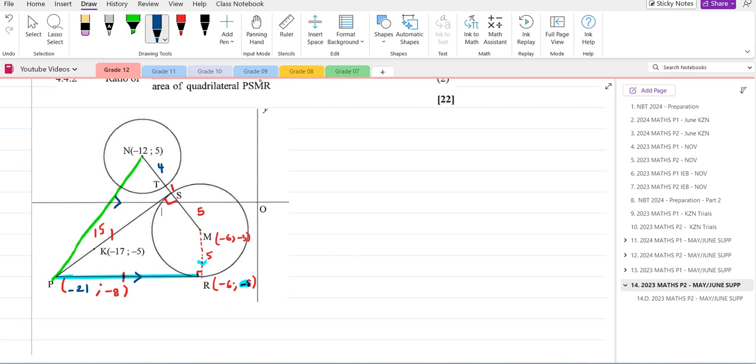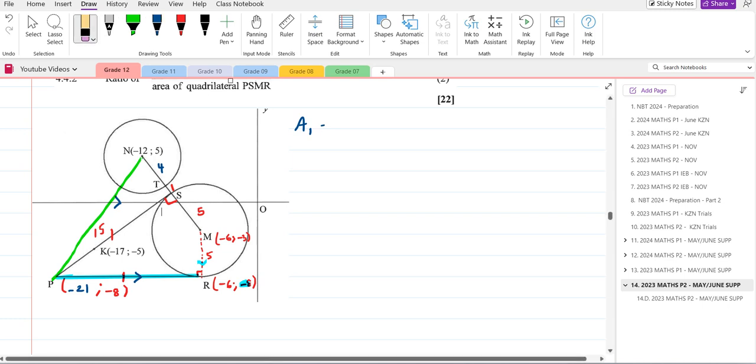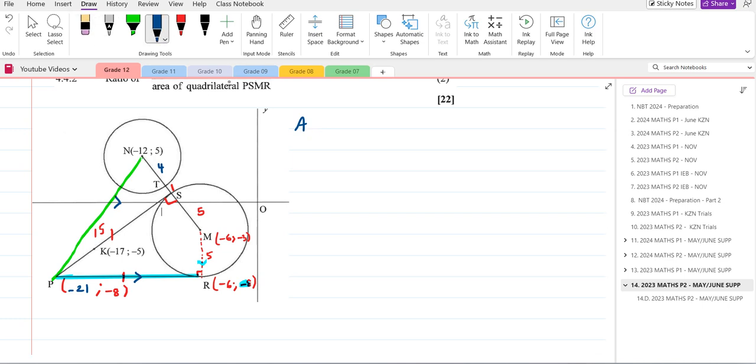But we don't need anything. We just need half base times height. Area of triangle NPS is equal to half. What's the base here? The base here is 15, right? And the height is NS, because we want NPS.